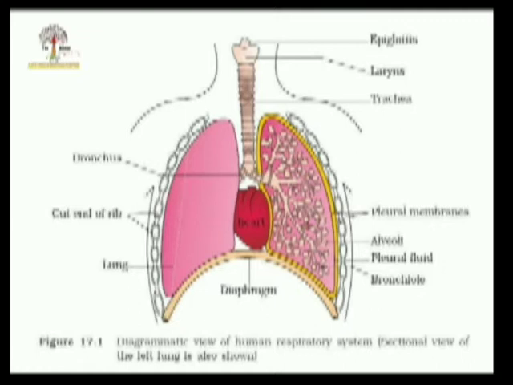Mainly we know that in the respiratory system there are two main procedures, one is ventilation and one is diffusion. In ventilation there are mainly two procedures, one is inhalation and another one is exhalation.